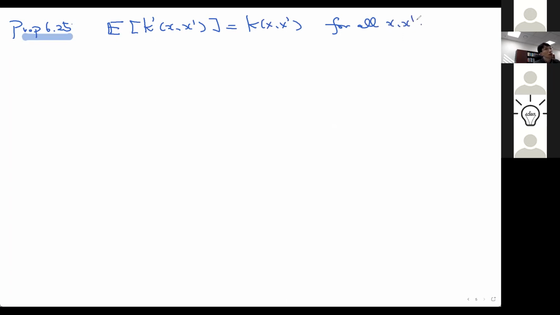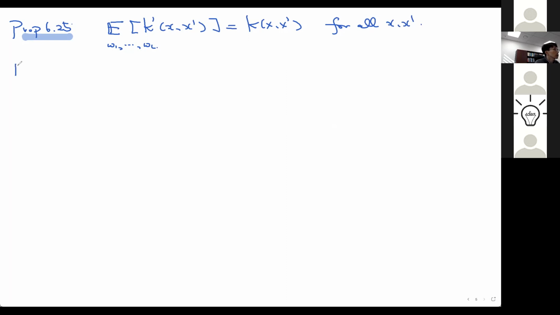So this expectation is for fixed x and x prime. We can compute the k prime, the one that I just told you, and then compute an average with respect to all the samples. And then compare that value with the original value k of x and x prime.